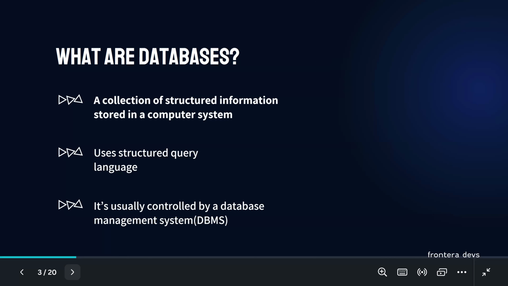Let's say UTRGV here, we have a database filled with all the student emails, all the student IDs, and so on and so forth. So the UTRGV student database is going to have email, student ID, and name, right?